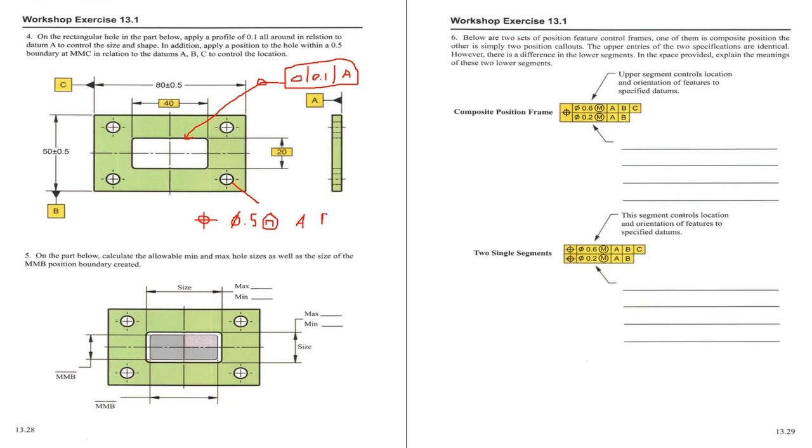So B with the maximum material boundary, this M in a circle. So it's M, and then C, and again maximum material condition, M in a circle, maximum material boundary, and then we can define this datum reference frame to this hole.